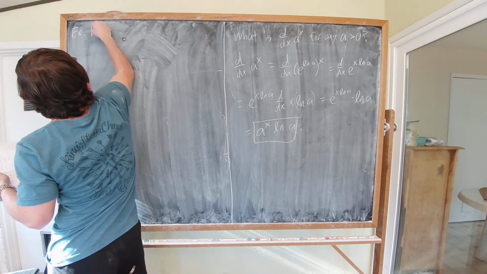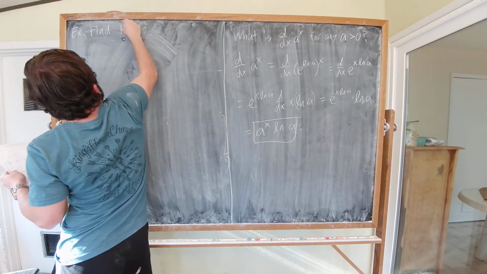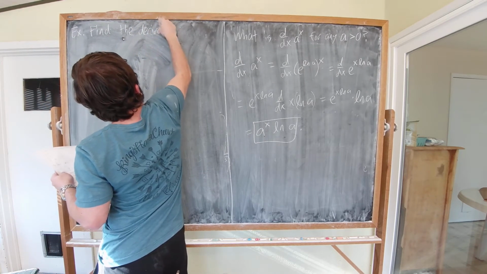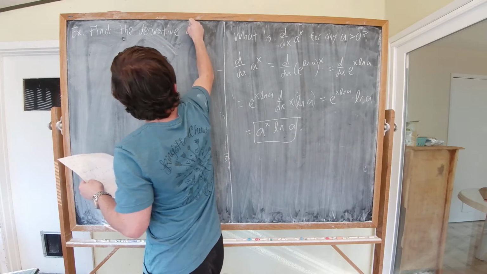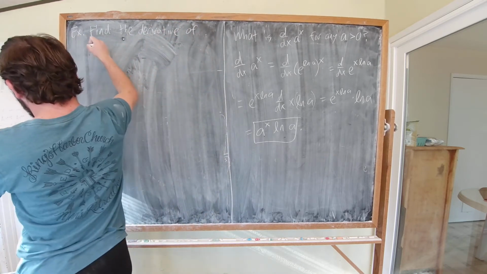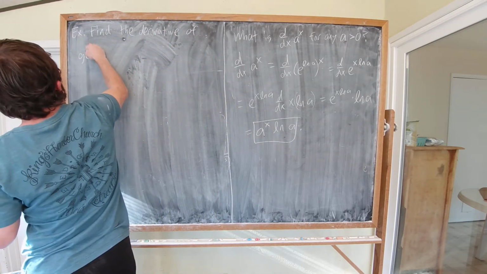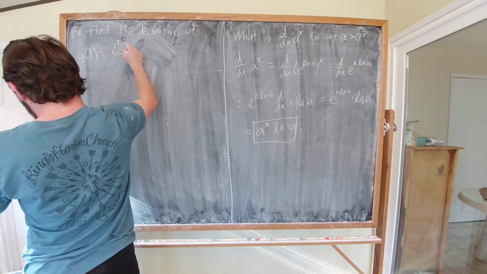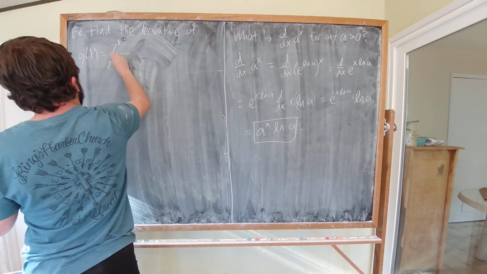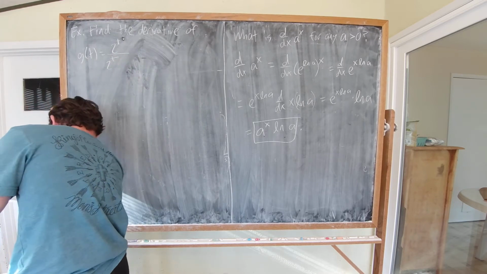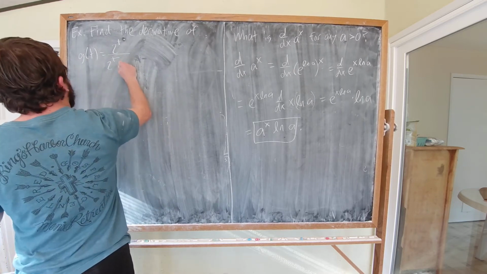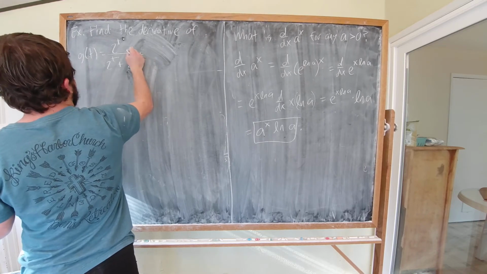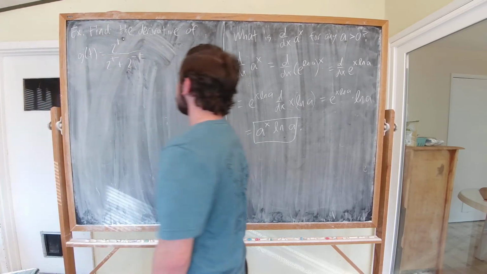So let's find the derivative of g of t equal to 2 to the t power divided by 2 to the t plus 2 to the negative t power.